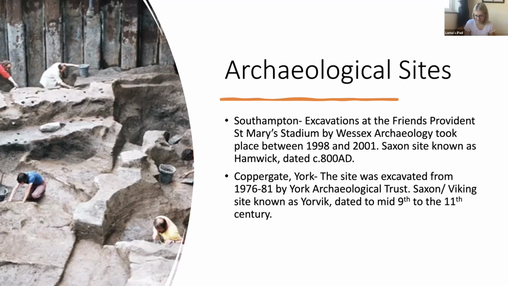And the other site we're going to look at is Coppergate in York. The site at 16 to 22 Coppergate is a particularly interesting case, as the unique conditions in which the biological remains were uncovered meant that a lot of the material was anaerobic, so waterlogged, by the River Foss, meaning that the material preserved was very good.